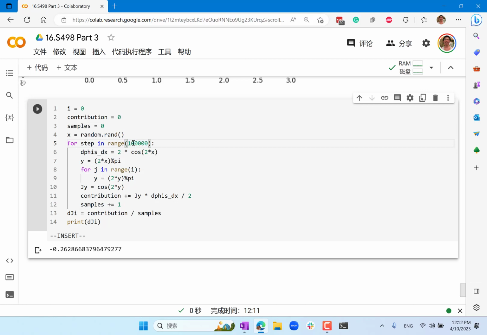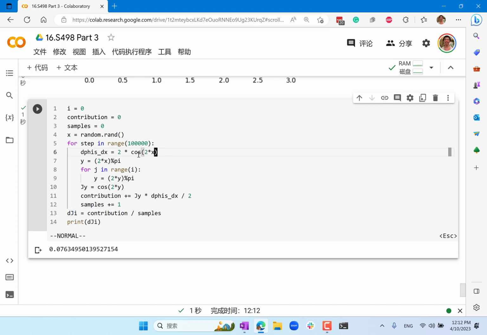Just do a little bit more samples to see what we are going to get. What I expect to get is that the contribution, the dJ_I, should get smaller and smaller for this particular objective function.